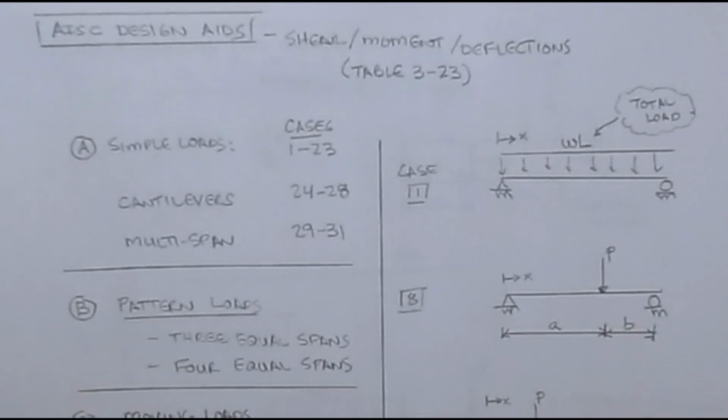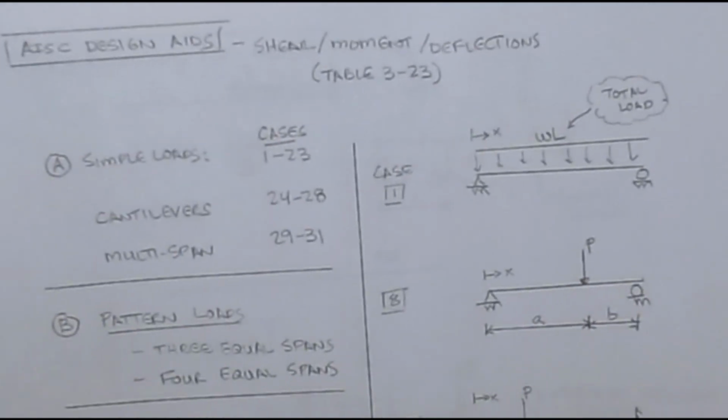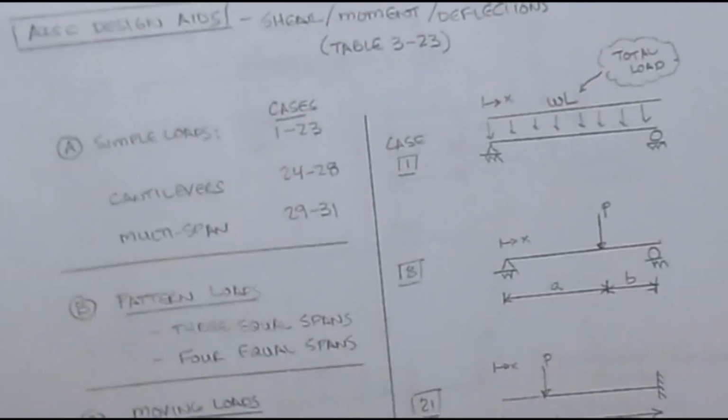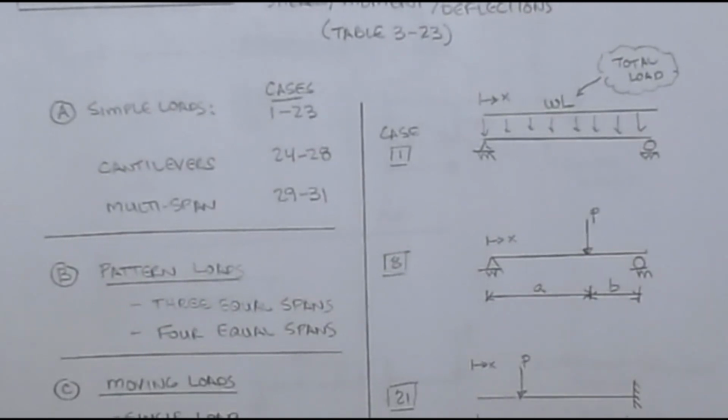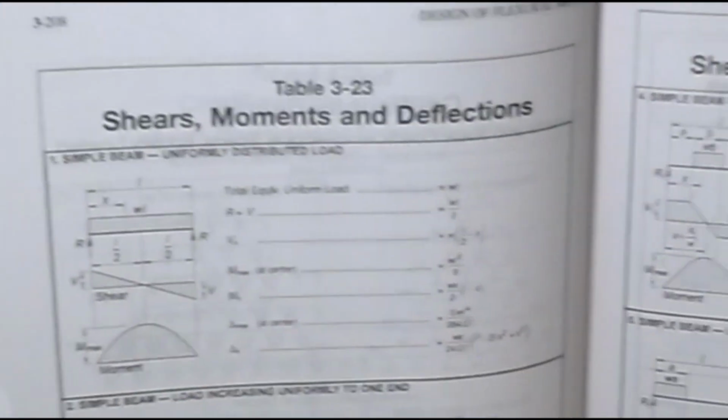And we'll show you probably one of my favorite items in the AISC manual that has to do with structural analysis. In my opinion, these couple of pages that contain these will be worth the price of the manual itself, because it does such a good job of compiling all of these values together.